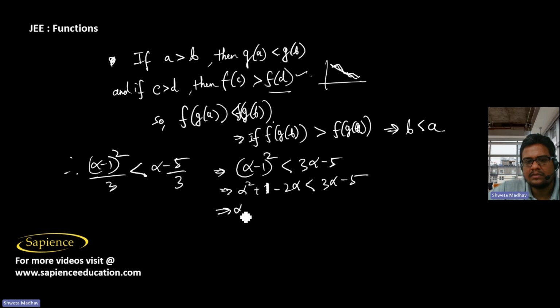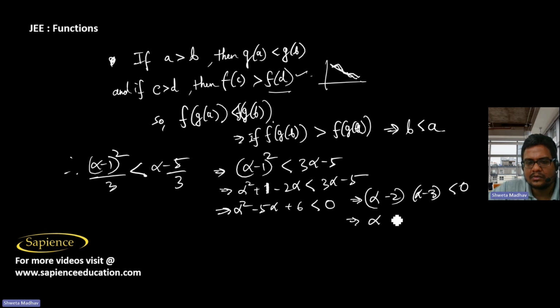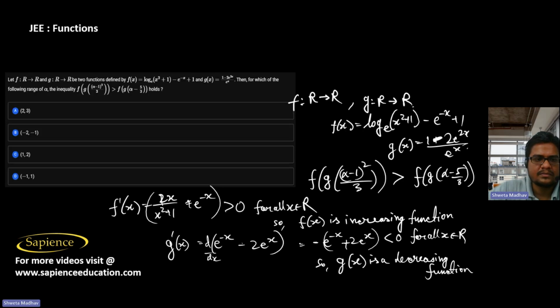Therefore alpha square minus 5 alpha plus 6 is less than 0. If we factorize it, we get alpha minus 2 into alpha minus 3 less than 0. So alpha should belong to the interval 2 to 3. So the range of alpha is 2 to 3, and option A is the correct answer.